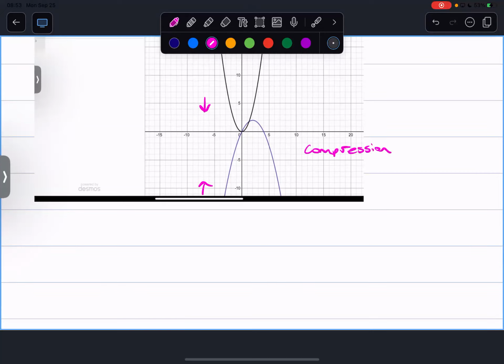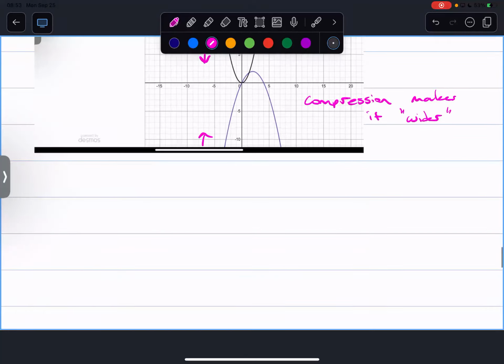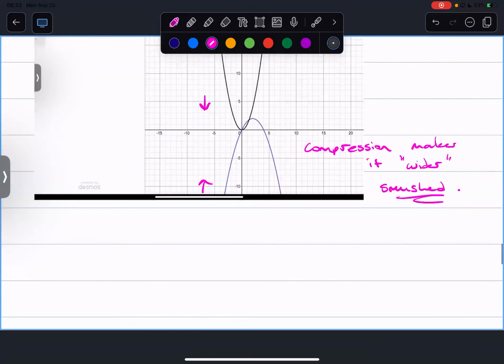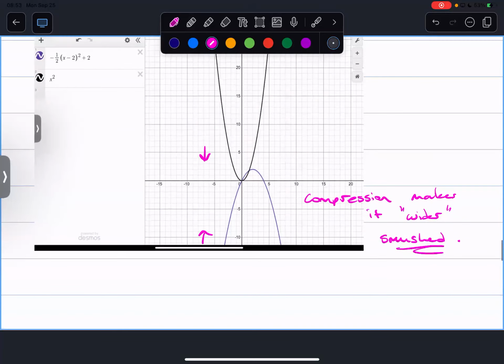Compression makes it wider. We should call it smushed. Is that how you spell smushed? Is it even a word? I wonder if it is a word. Smushed. All right. Tricky, tricky, tricky.